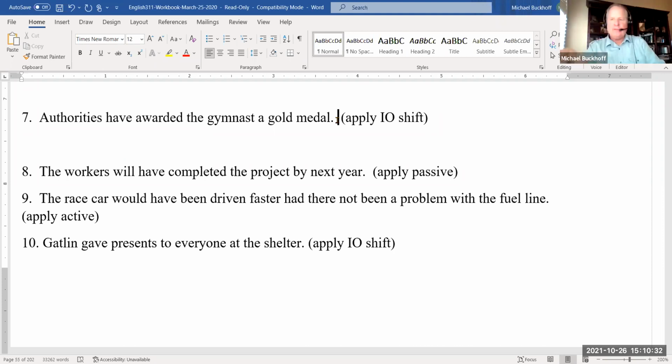Yes, that. If it said the gymnast has been awarded by the authorities a gold medal, then it would be passive voice, but there's no "been." The authorities is the doer, not the receiver of the action, and there's no by phrase. There's no by plus noun.